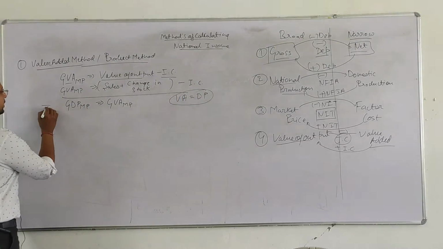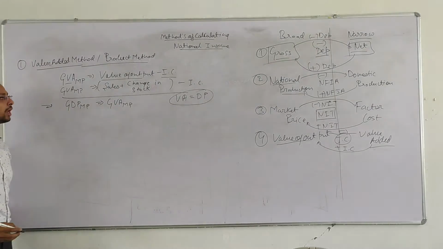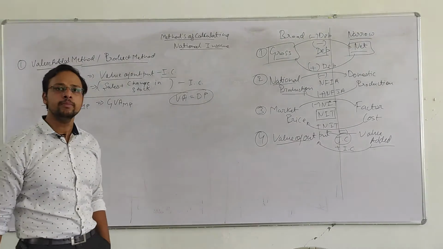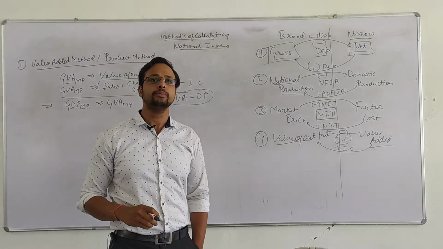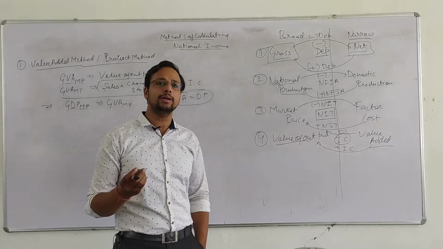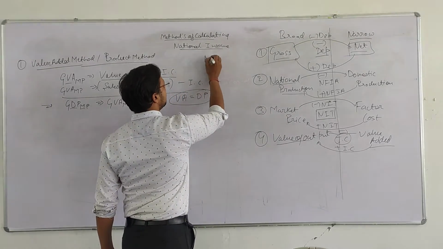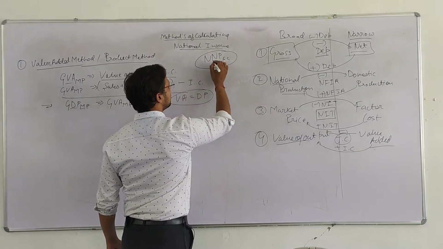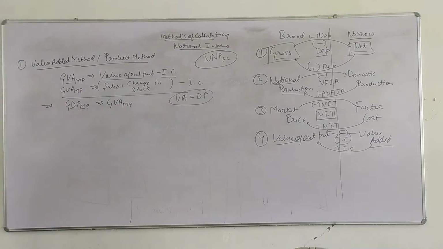So GDP at MP equals GVA at MP. Now we need to find out national income, because GDP at MP is not national income. So what is national income? You must remember that the aggregate for calculation of national income is NNP at FC. Net national production at factor cost is referred to as national income.